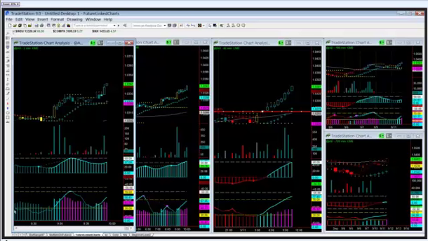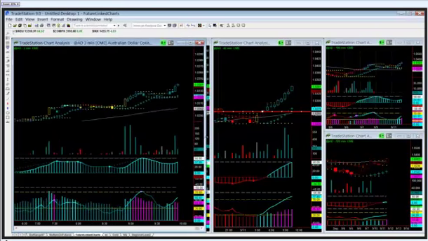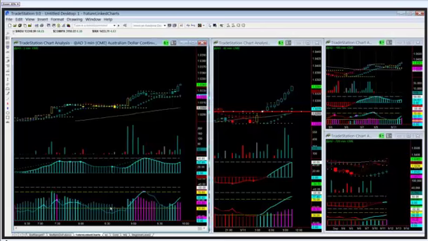We then have the THD ADX, and that by far is my favorite indicator. It tells us when we have a strong trend. It also tells us when the market is not trending. It, again, is very color coordinated. Anytime you have an ADX that is below this yellow line, which is at 30, the bars and the line will be a dark color.